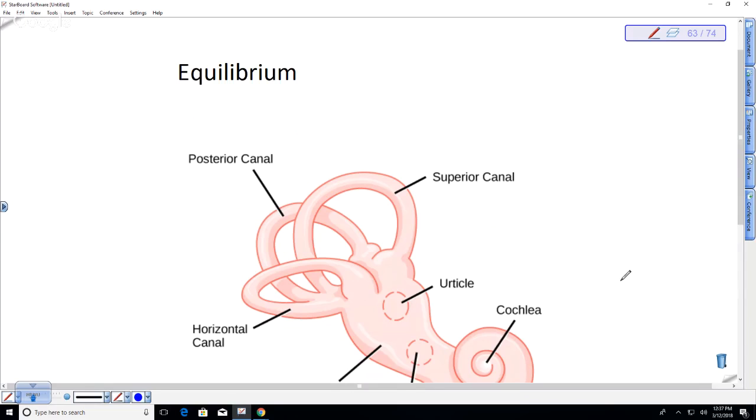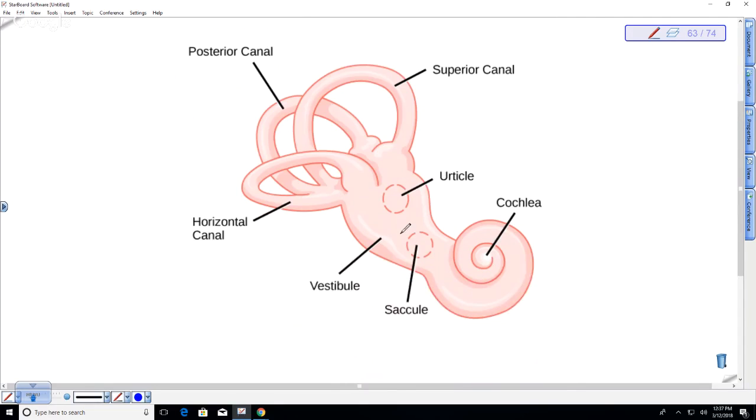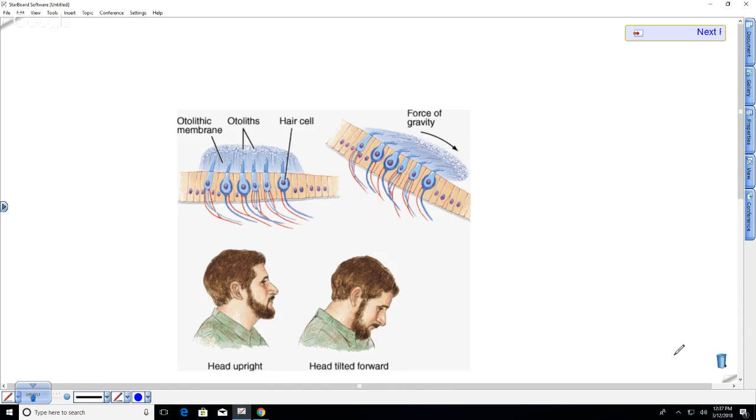There is also a part of this which is called the vestibule, and you don't need to know this, but I think it's kind of interesting. This is where you actually have what are called ear stones. The ear stones are located in the vestibule, and they're called otoliths.